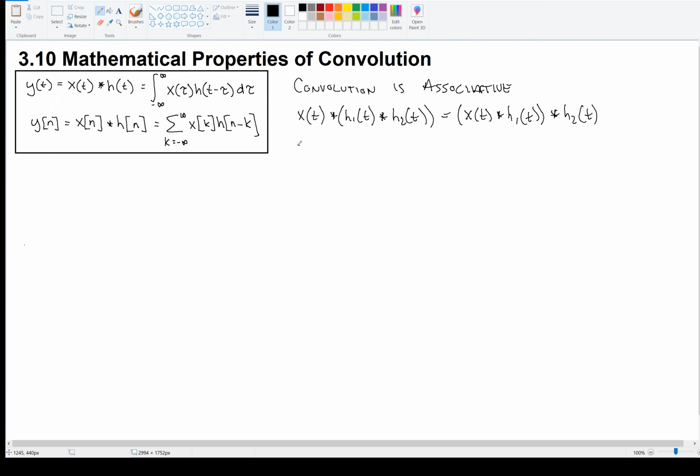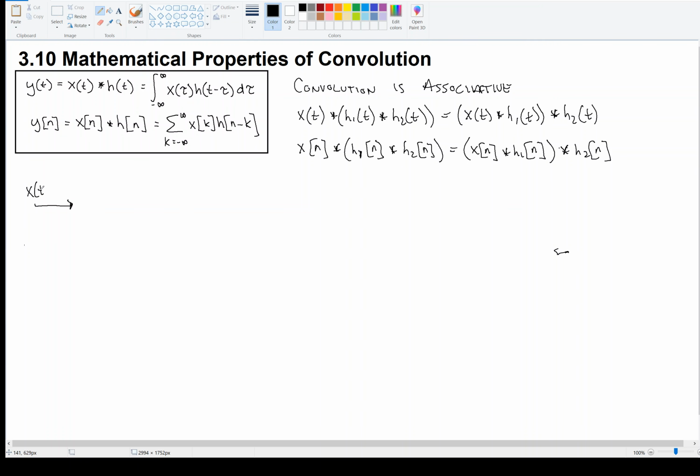So I'll write it out for discrete time as well, just to emphasize that it does hold in both cases. Okay, and the interpretation is this.